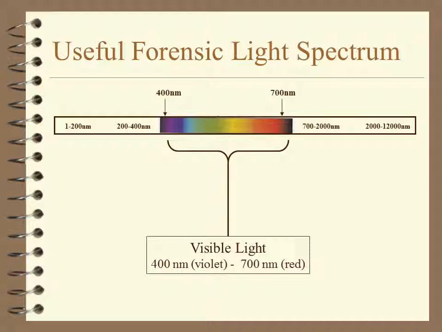This particular light in this spectrum has a number of different uses. They can be used to excite certain chemicals such as indane DFO, and some of our fluorochrome dyes that will be discussed also in the Week 4 video presentation.